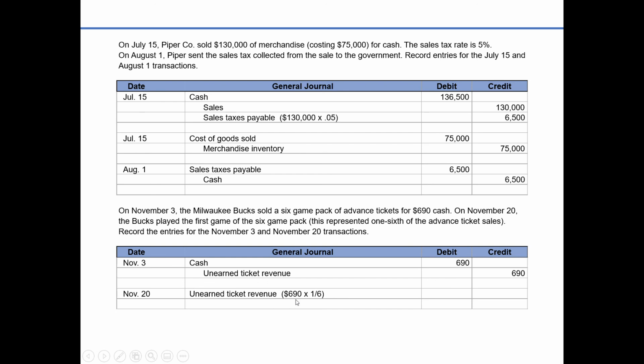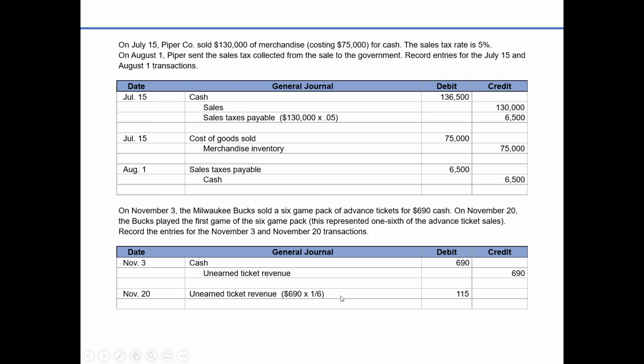The amount we're going to debit it by isn't the $690 because they didn't fulfill all 6 games, just one. So we're going to take 690, multiply it times 1/6, again, just one of the 6 games, and debit the account for $115. At this point, unearned ticket revenue would have a balance of 690 minus 115 or $515, representing the additional 5 games that they still owe their ticket holders.